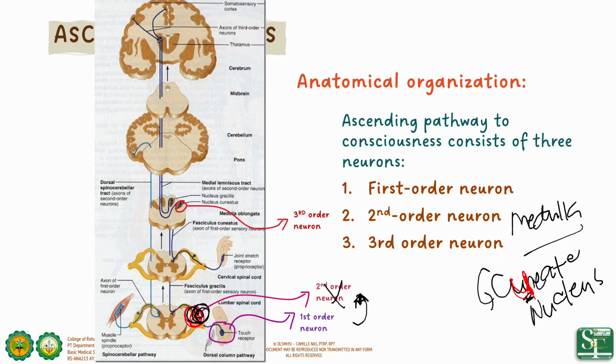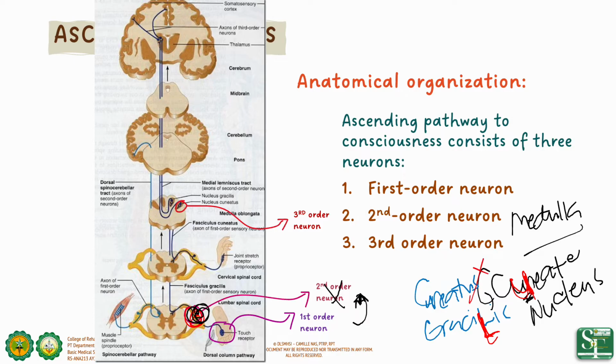Pag naman ang sensation ay na-feel ng limb na responsible for that is the lower extremity, ang makaka-receive naman nun is the gracilis. Palatandaan ko dyan may letter L for lower extremity. O kunyari parehas na lang, naka-feel, no? Upper extremity and lower extremity.